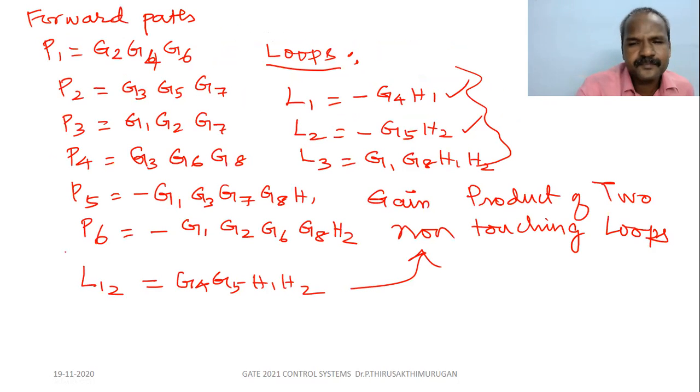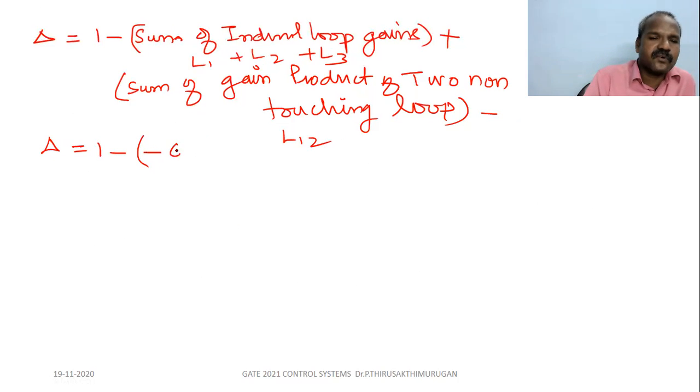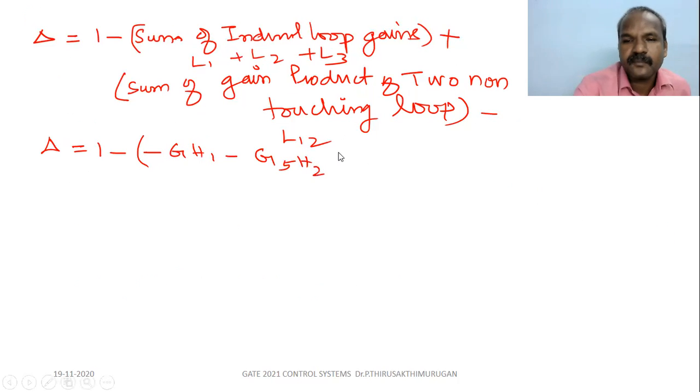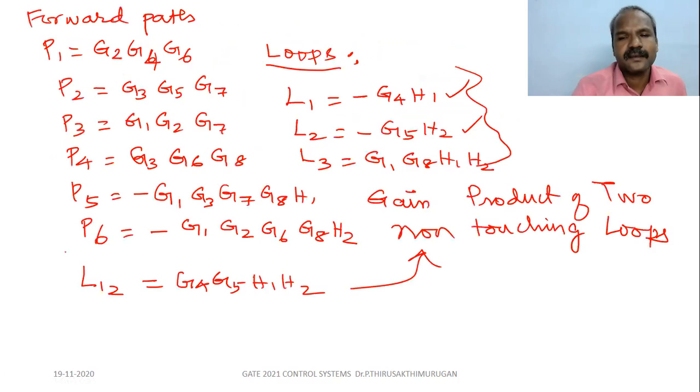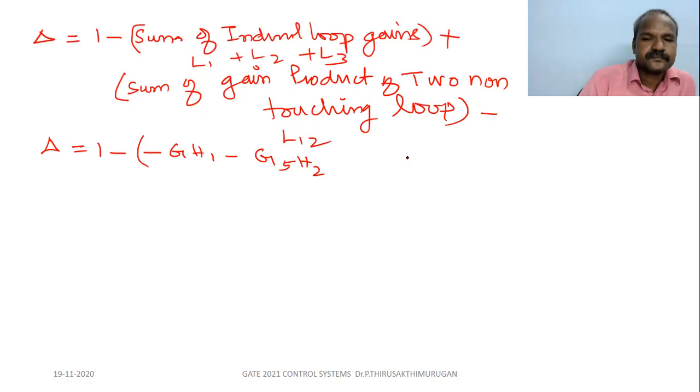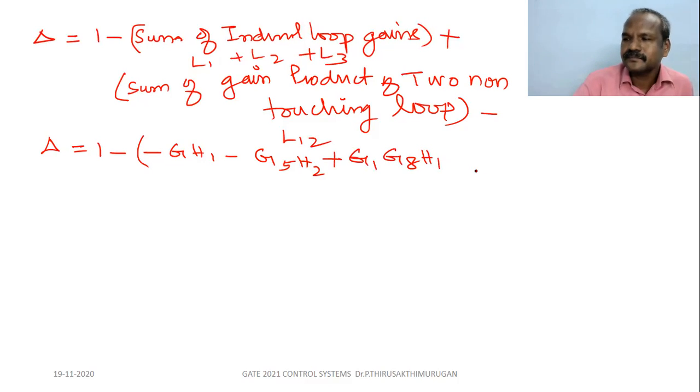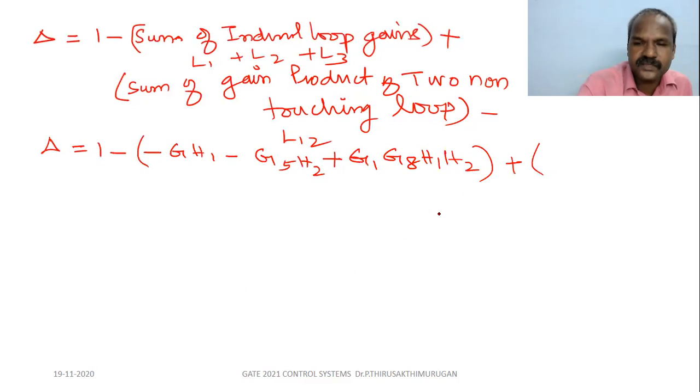Minus G4H1, minus G5H2, plus G1 G8 H1 H2, plus the gain product of two non-touching loops, which is G4, G5, H1, H2.